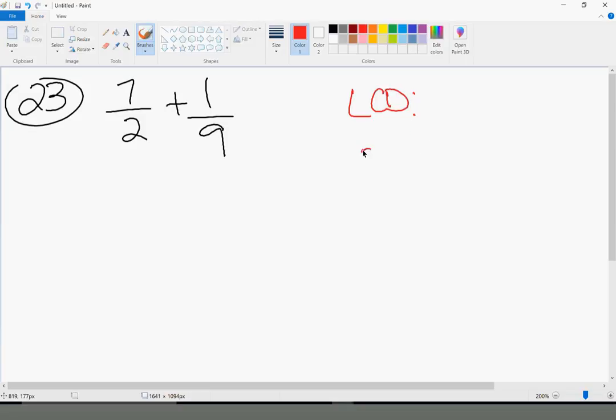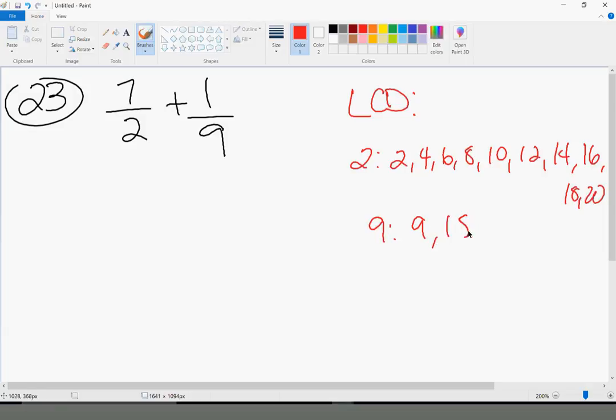So just to show you what I mean, if I think of my multiples of 12, that'd be 12, 24, and so forth. Multiples of 9 would be 9, 18, 27, and so forth.